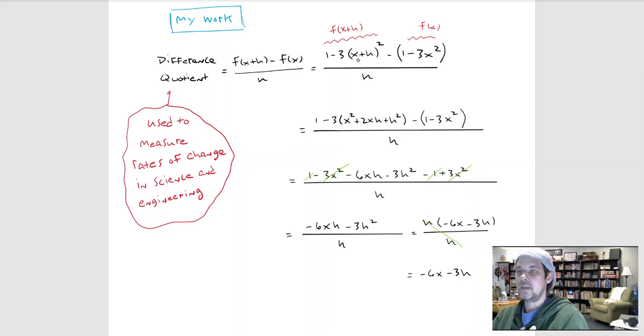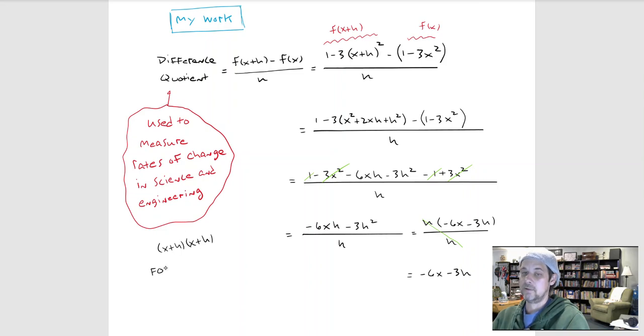Well, I have to follow the order of operations. In order to work this out and reduce it to smallest terms, I would apply the exponent and then multiply by 3. So first I apply the exponent. What is x plus h squared? How do we square something? We multiply it by itself, so it's x plus h times x plus h.